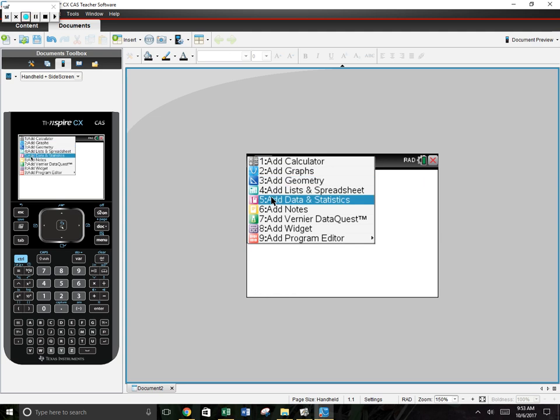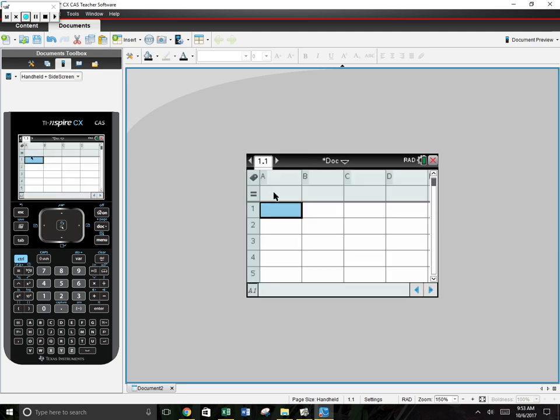And then let's add a list. In your list, let's get a header for column A, so we'll call it depth, and then in column B, pressure.